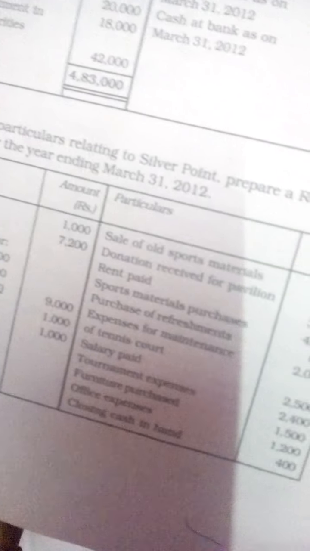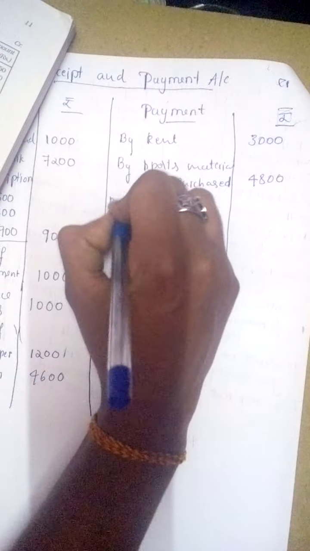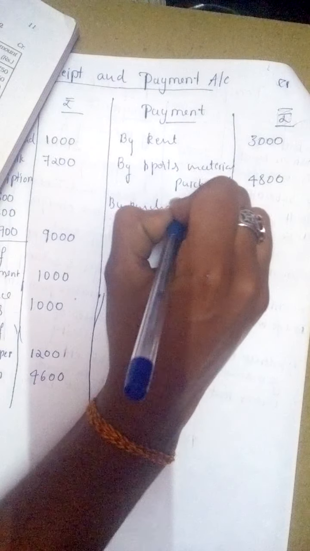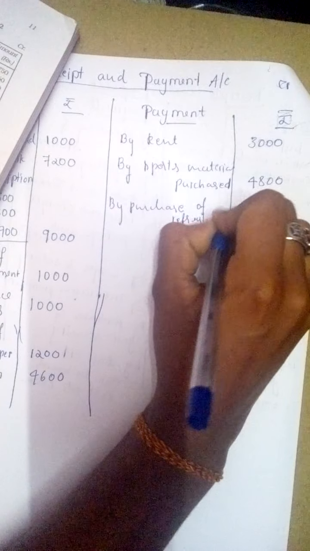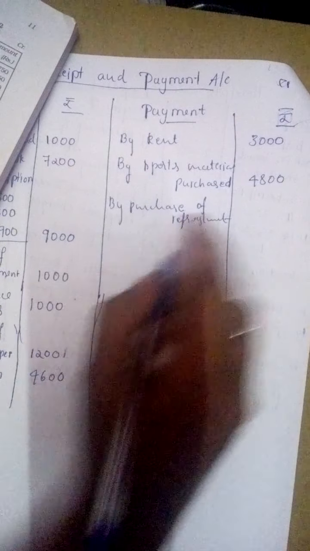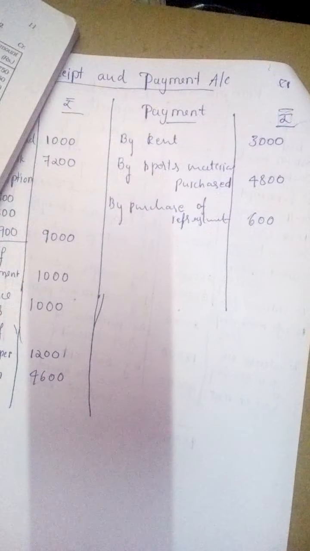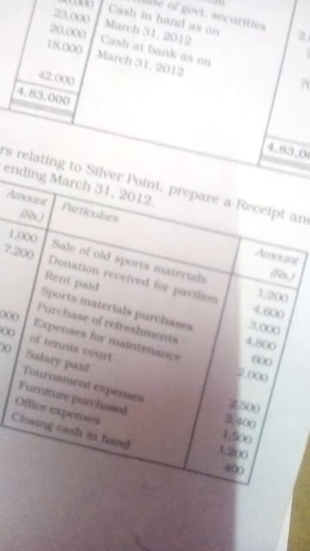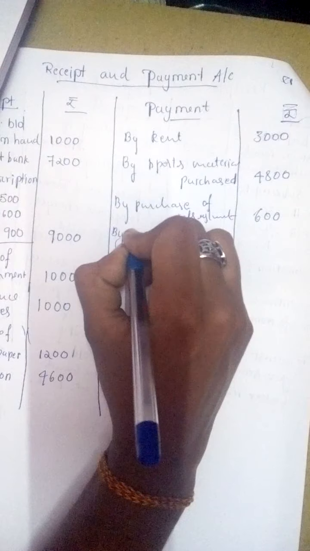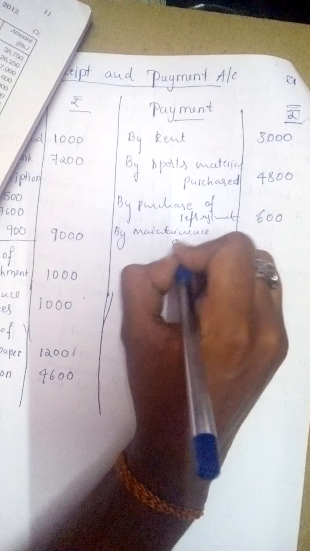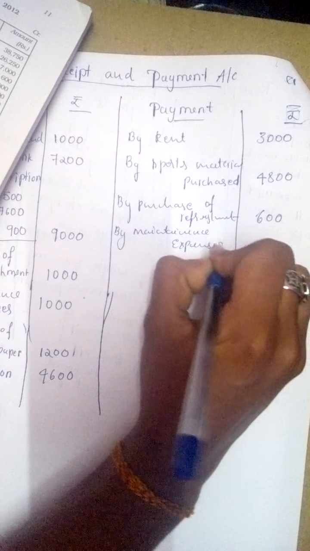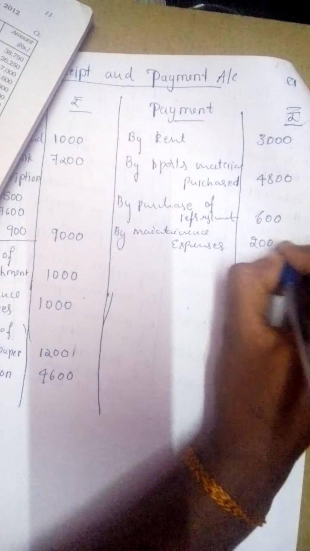The next item is purchase of refreshment, which is also payment, by purchase of refreshment, that is 600. Then they have paid the expenses for maintenance, which is 2000, by maintenance expenses, amounting to rupees 2000, correct.